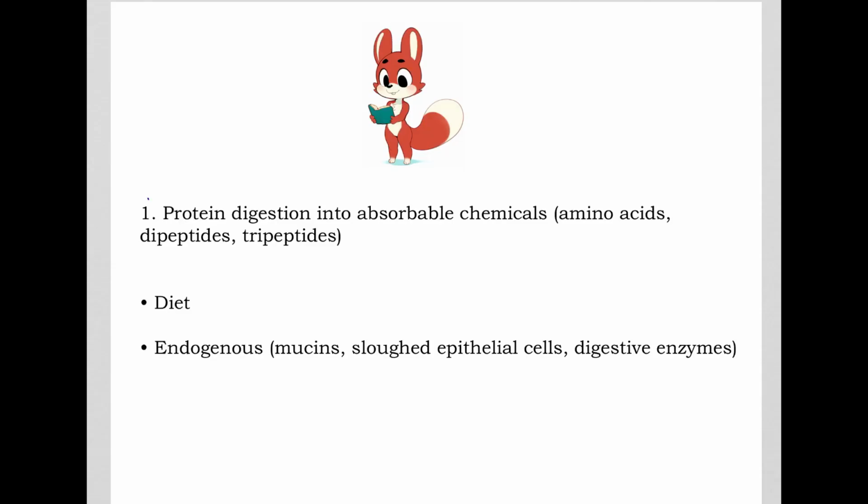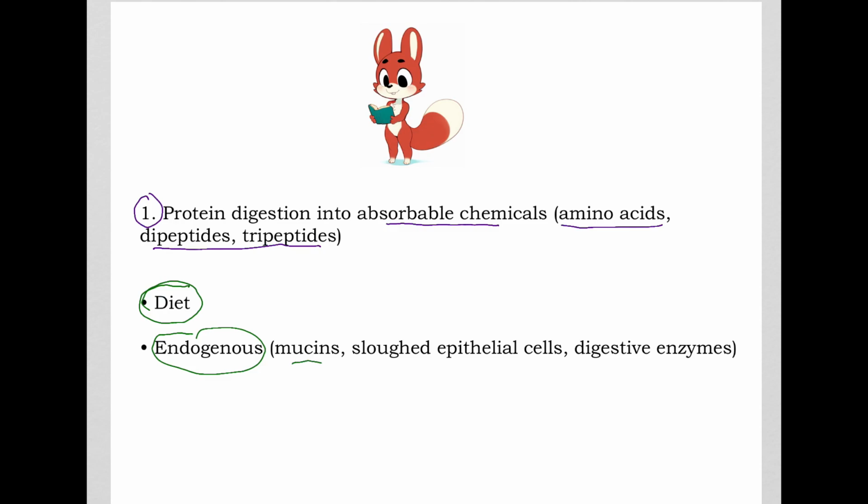So we'll begin our discussion with protein digestion into chemicals that we can absorb, and that would mean the amino acids as well as some small peptides such as dipeptides and tripeptides. It's not only proteins that are in your food, the dietary proteins, that we have to take care of, but we also produce a lot of endogenous proteins that will be digested.